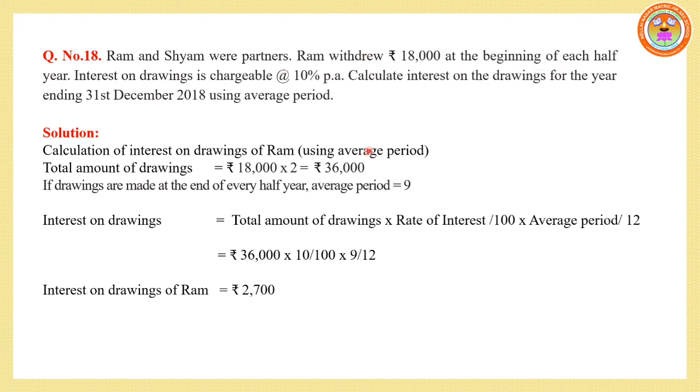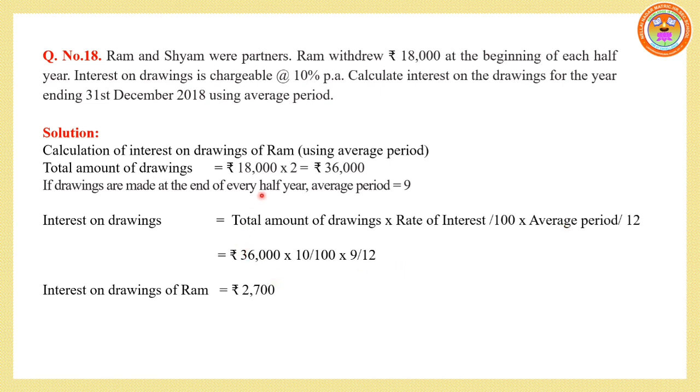Formula amount into 2, because half yearly once he has withdrawn, so per year twice he has withdrawn. So amount into 2 into rate of interest by 100 into 9 by 12. If it is beginning of each half yearly, average period is 9 by 12.